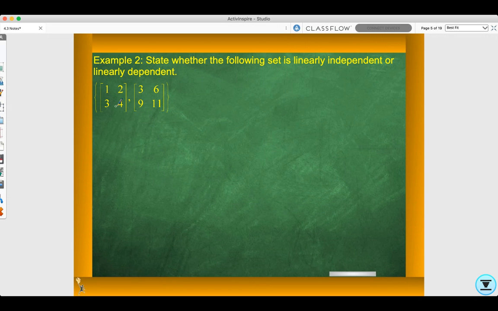And this set is linearly independent. And this is because 3, 6, 9, 11 is not a multiple of 1, 2, 3, 4.